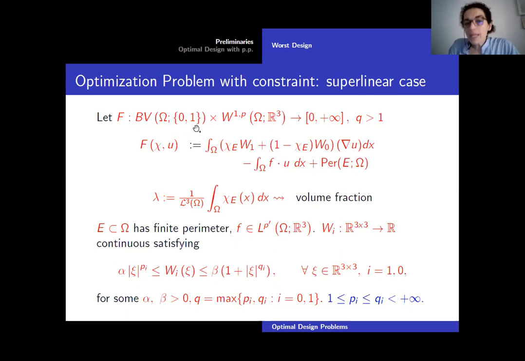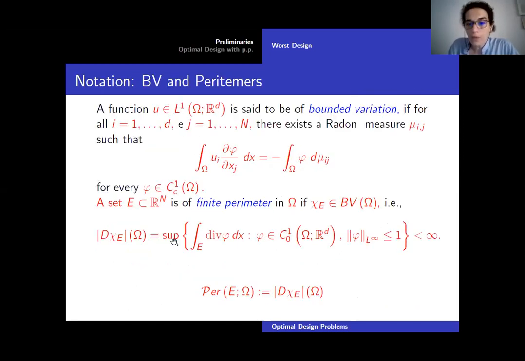So I said that I wanted to say something more about the field chi. To do that, I prefer first to recall very briefly what I mean by BV function. A BV function is an L1 function, or can be even vector valued, that has a distributional derivative which is a bounded Radon measure.